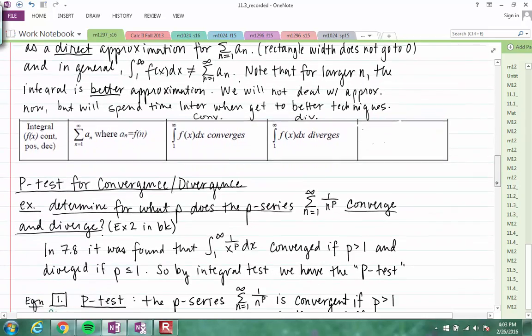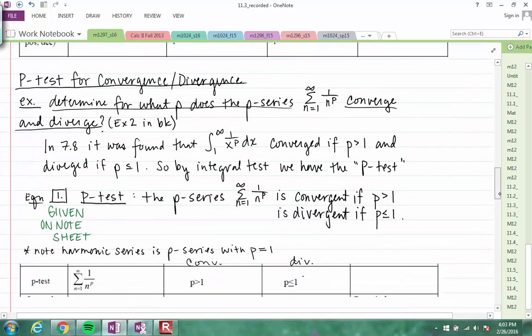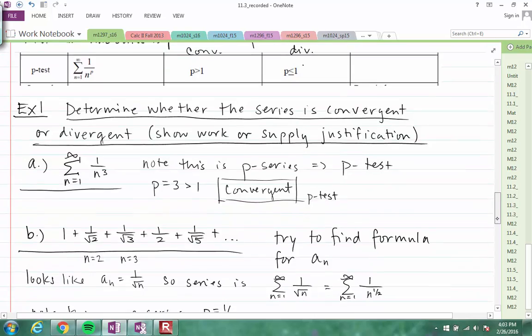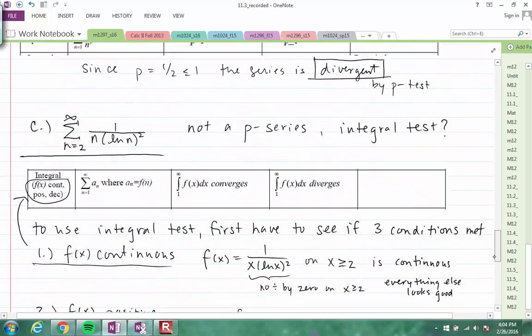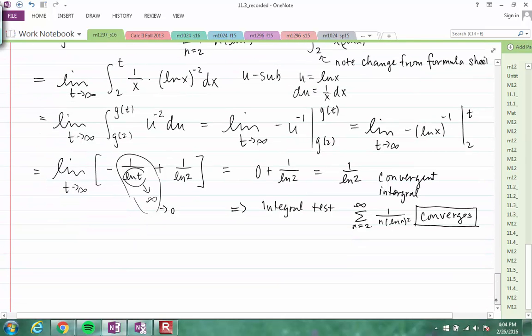Again, in this section we're skipping the remainder part, which has to do with the error of using the integral as an approximation. Like I said, it doesn't end up being an awesome estimate, so we're just going to move on at this point. That's it for this section.